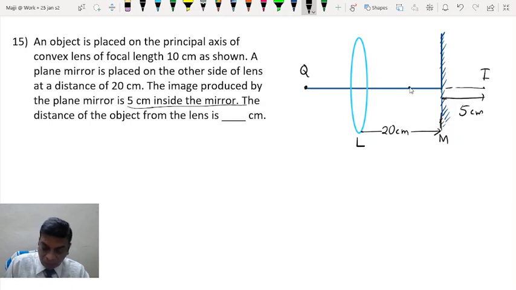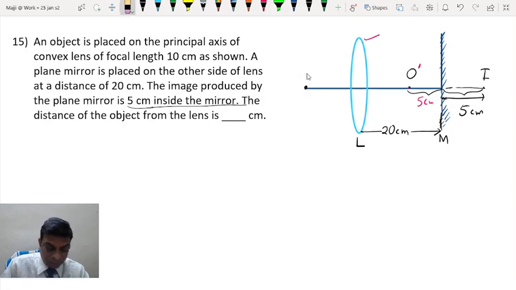You know, object distance and image distance are always equal in case of a plane mirror. So the object corresponding to the plane mirror, take it as O dash, must be 5 centimeter in front of the mirror. So what is this object? This is nothing but the image due to the lens.